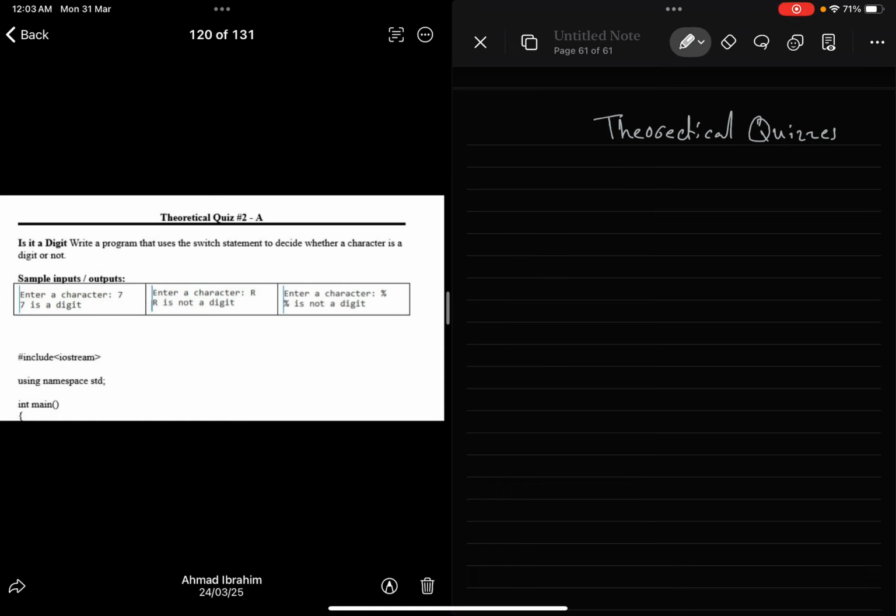So first we will have to declare the digit, and the digit is a char. So char digit, that is declare digit.